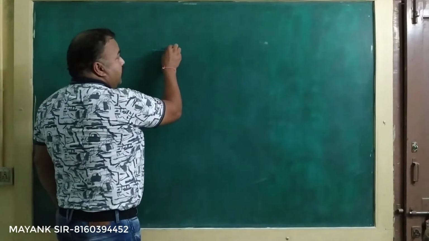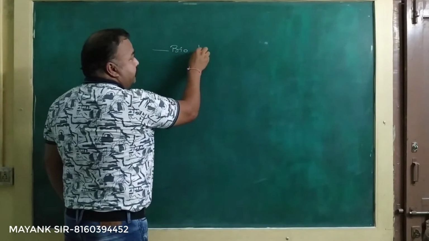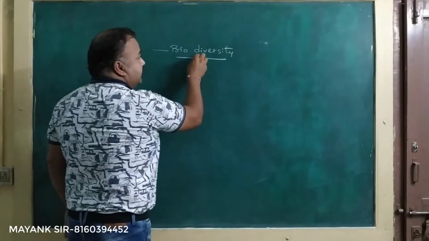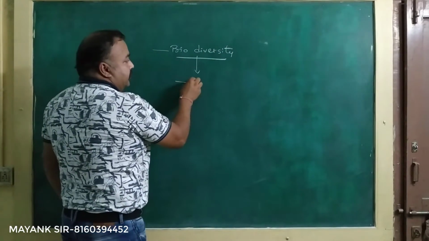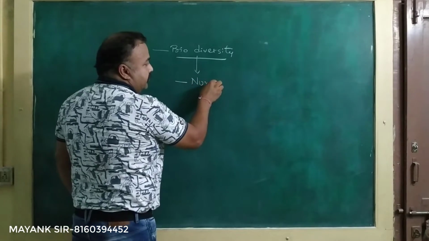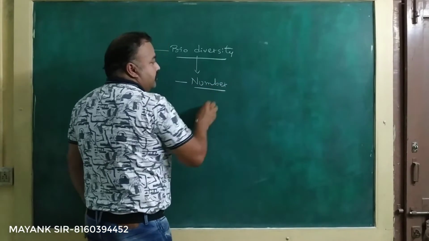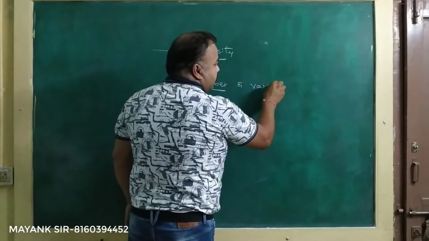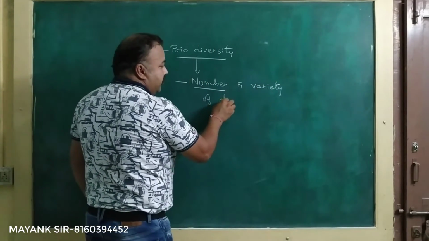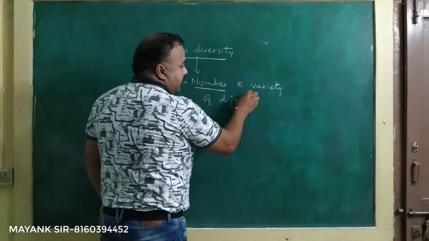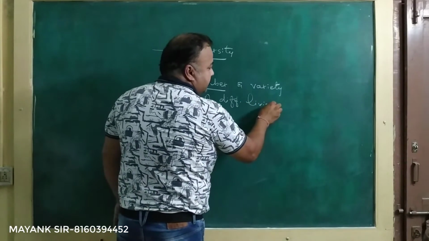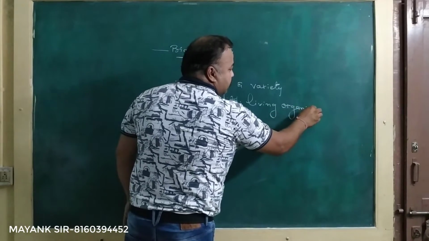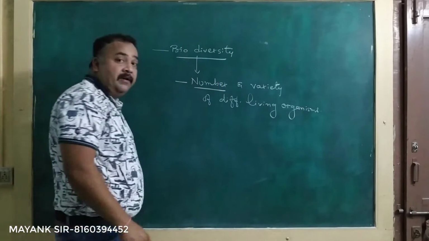So, what do you mean by biodiversity? Biodiversity is nothing but the number and variety of different kinds of living organisms around us, different plants or animals, etc.